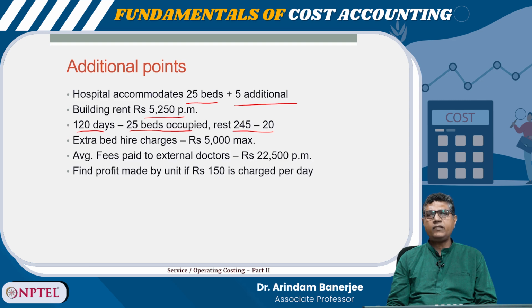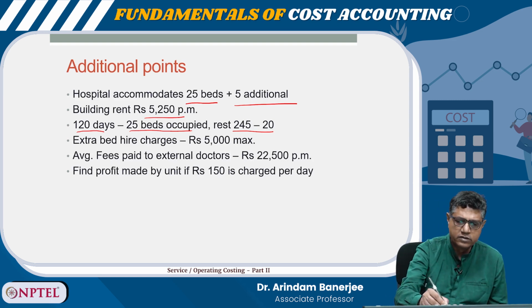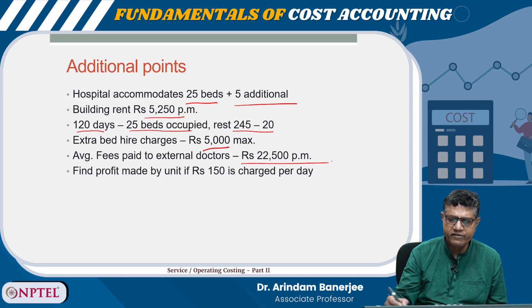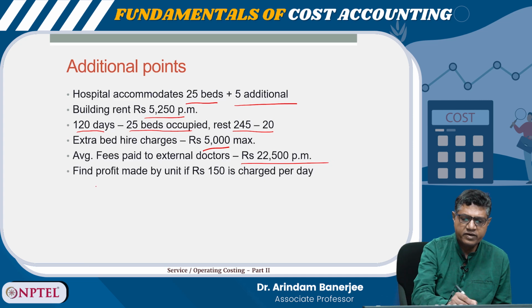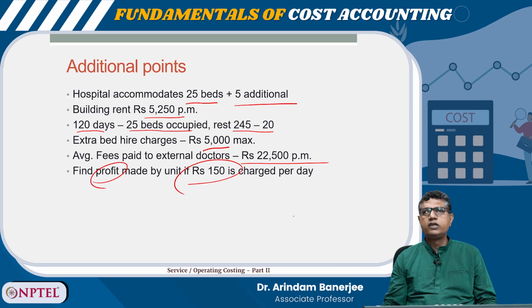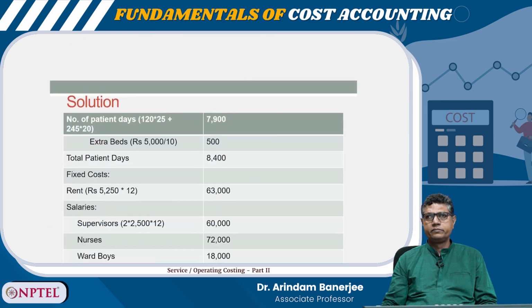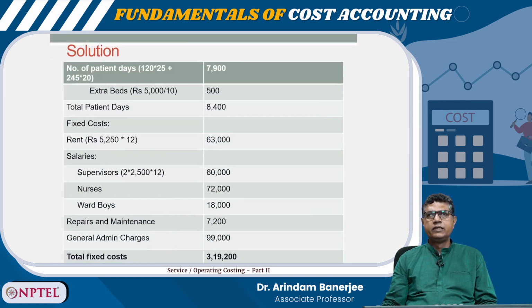So in a year, for 120 days 25 beds are fully occupied. On other days, usually 20 beds remain occupied. The extra bed hire charge is rupees 5,000. Average fee paid to the external doctor rupees 22,500 per month. Calculate the profit by unit if 150 is charged per day. So, the solution is here.